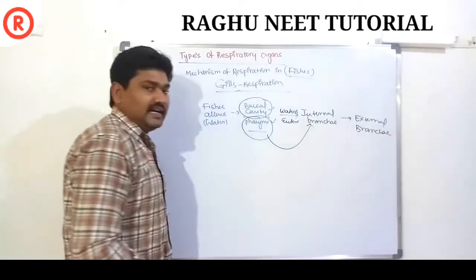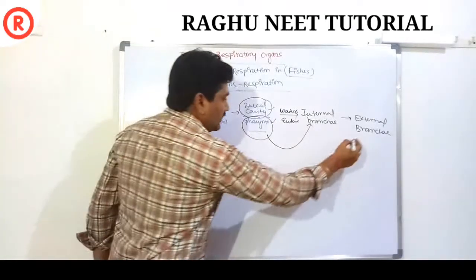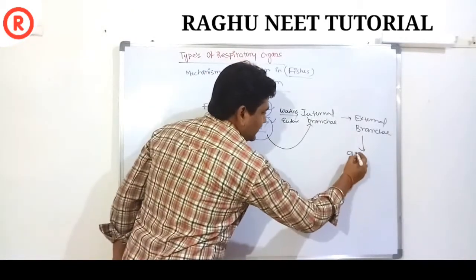The external branchiae contain the gills.